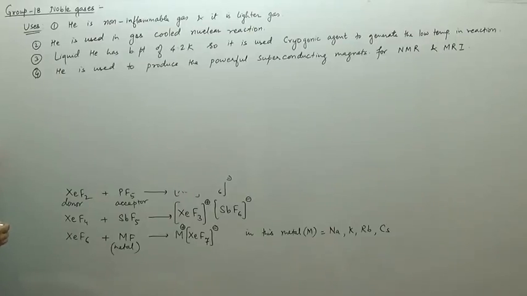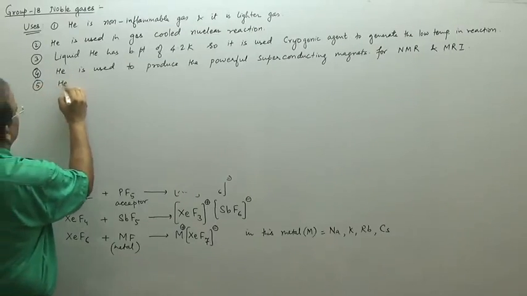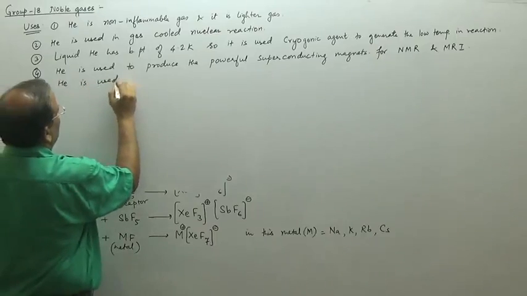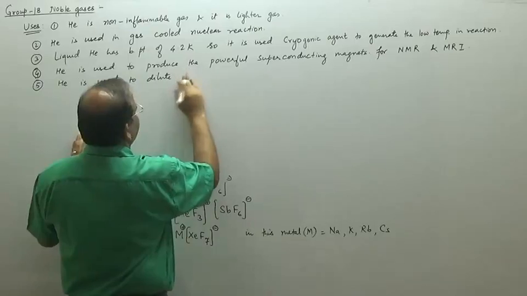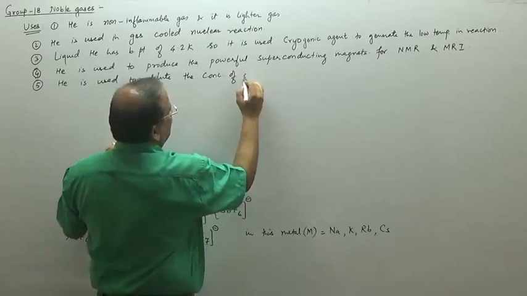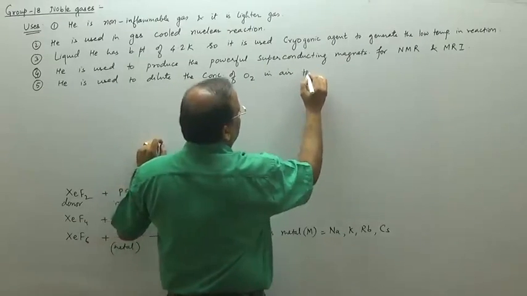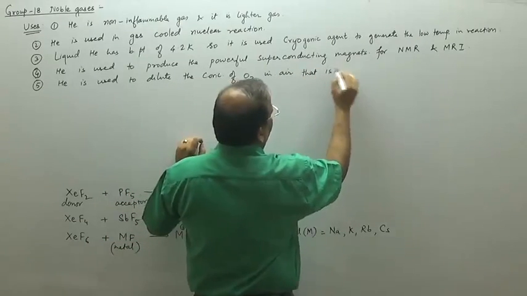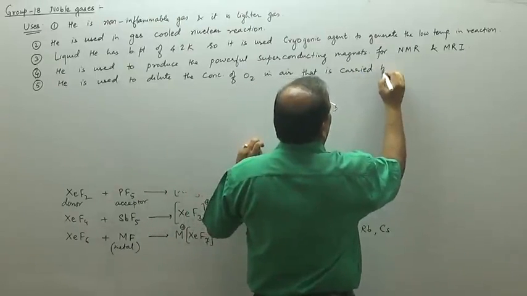Helium is a very important compound. Now helium is used to dilute oxygen. We know that helium is used to dilute the concentration of oxygen, O2 in air, that is carried by scuba divers.